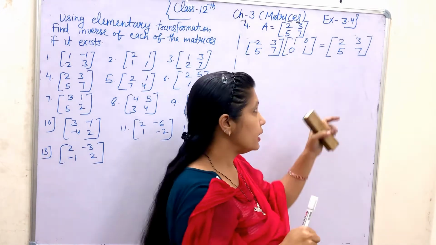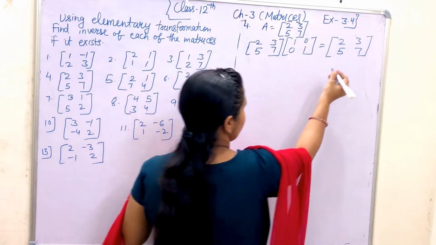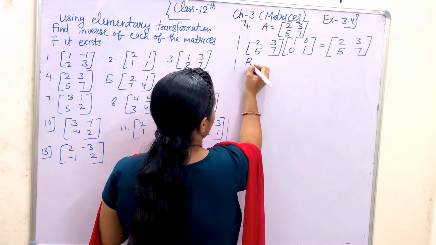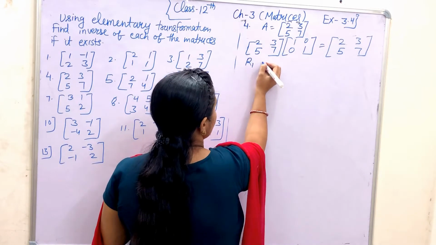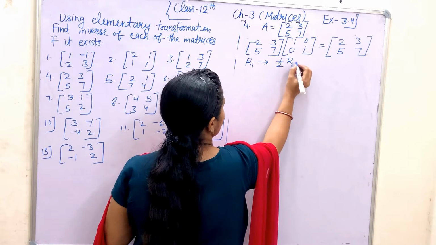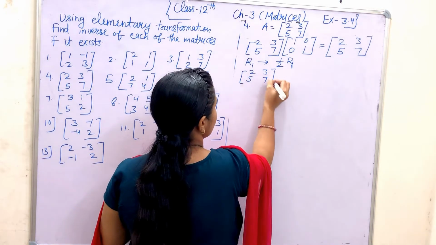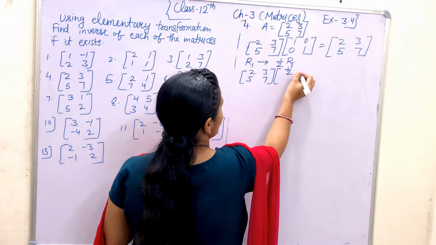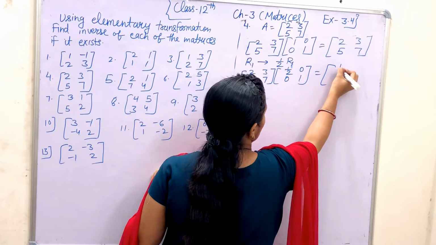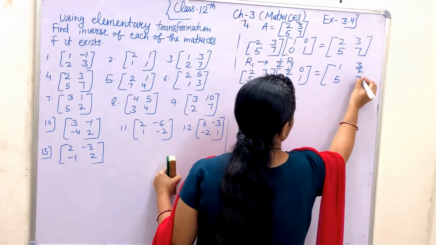For that we need our A11 element as 1. So first we divide our first row by 2. R1 changes to 1 by 2 R1. Here we get 1, 3 by 2, 5, 7, and 1 by 2, 0, 0, 1.